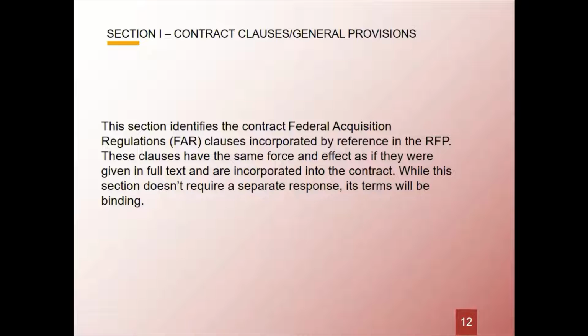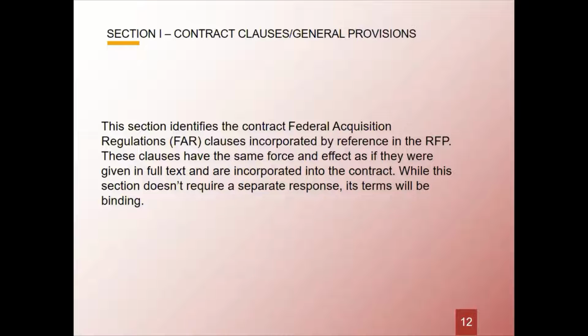I always stress to my clients that if you are responding to a solicitation that goes into details about FAR clauses, you want to go to your attorney, who should be an experienced contracting attorney, and get them to explain to you what these clauses mean.